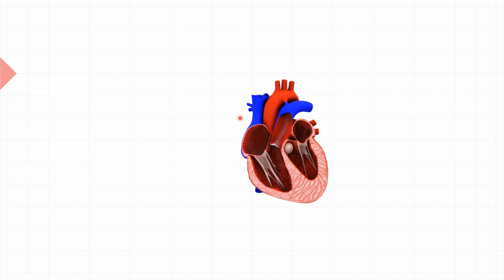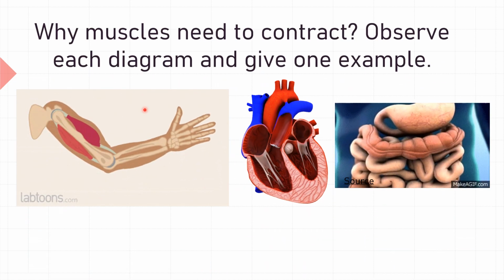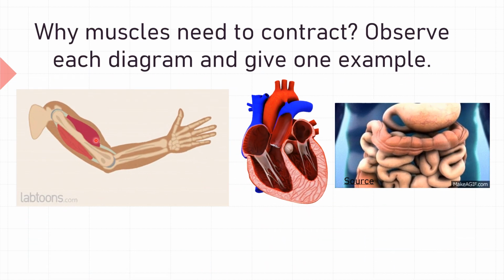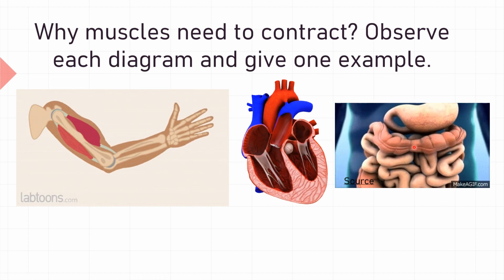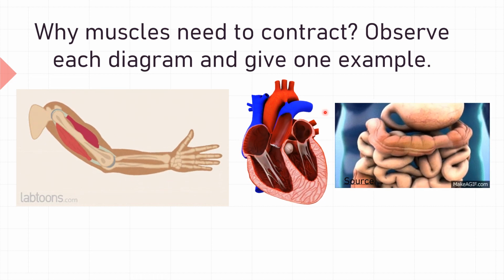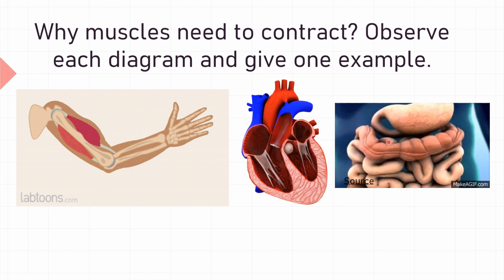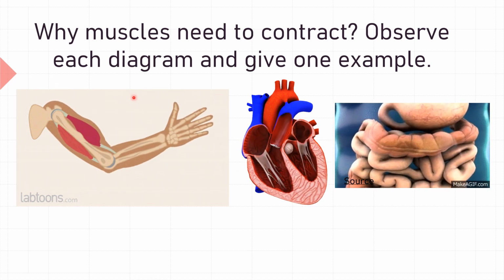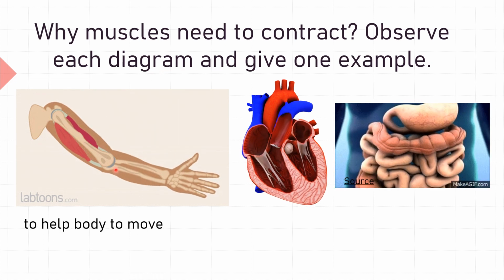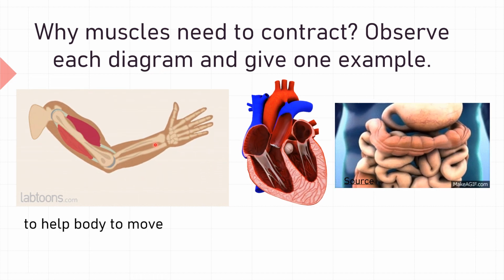So again, here is the heart or cardiac muscle, here is the skeletal muscle, and here is the smooth muscle. We mentioned what they have in common, that they need to contract. Now, what is their purpose in the human body?